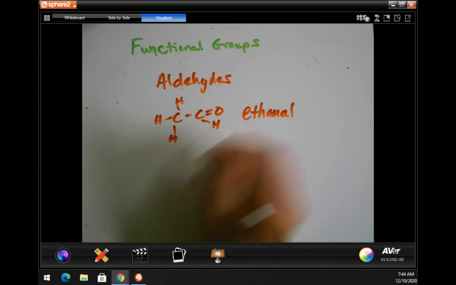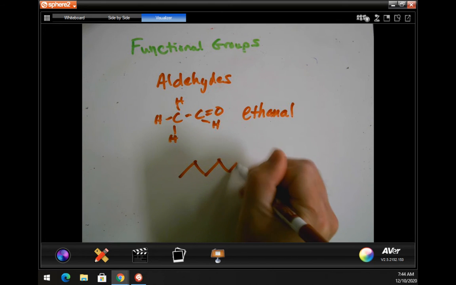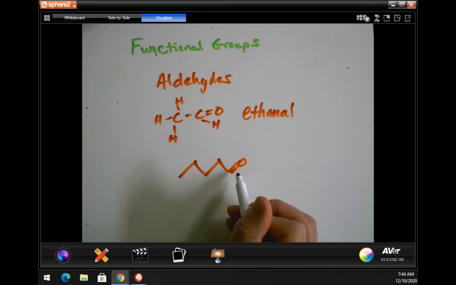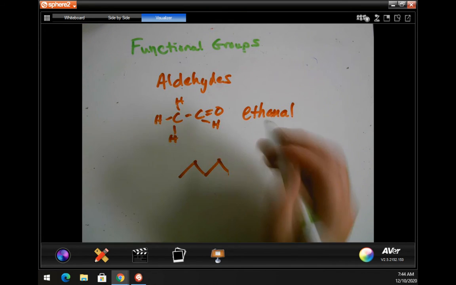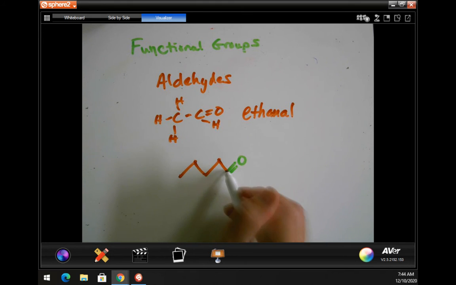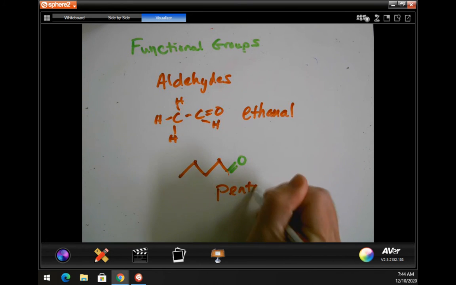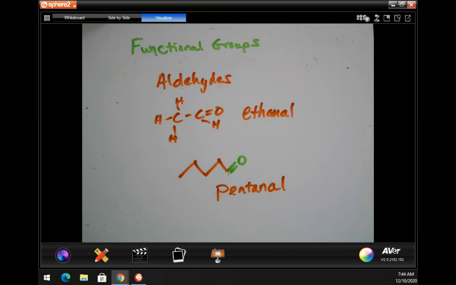So whenever you see something that's drawn out like this and you see it with a double bonded O at the end, and it has to be the end, that is an aldehyde. So all you do is like what we've been doing, 1, 2, 3, 4, 5. This is pentanal. Not pentanol, pentanal.